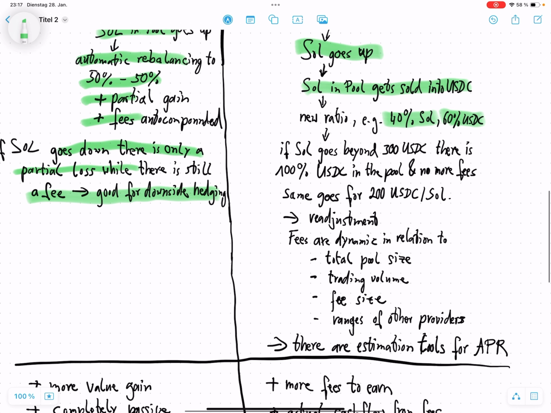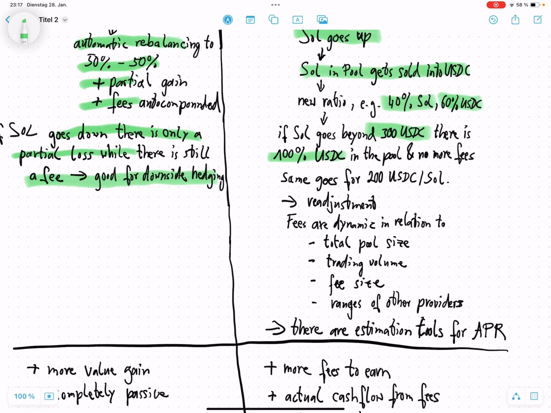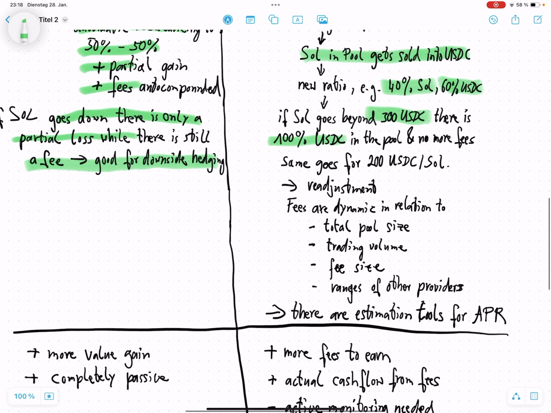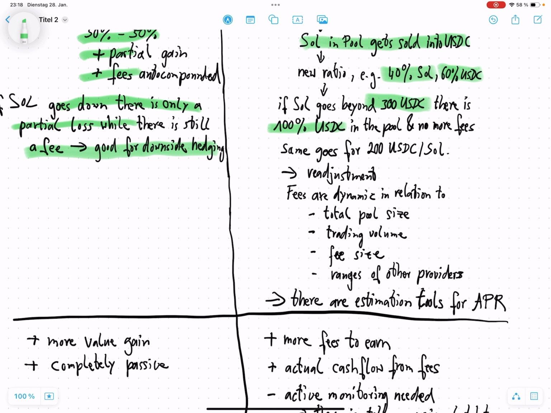So at 300 USDC, since this is the top of your range, you would be 100% in USDC and 0% in SOL. And if it leaves the range, goes beyond 300 USDC, then of course you would earn no more fees because you have no more SOL that traders could use. On the other hand, if the price of SOL drops, then there will be more SOL than USDC in your pool.